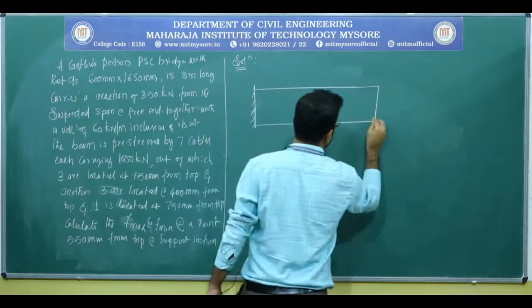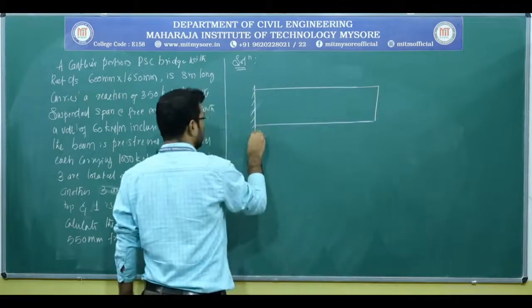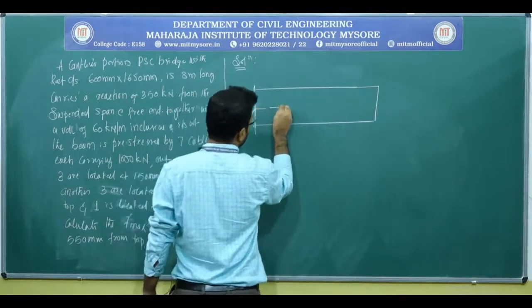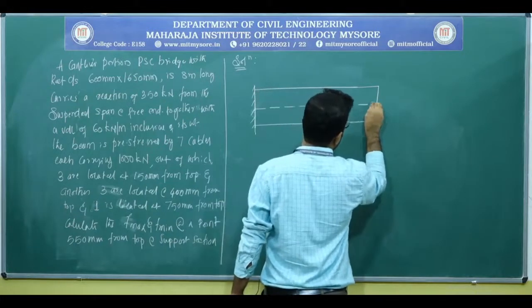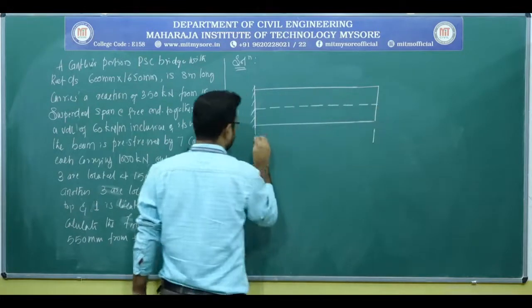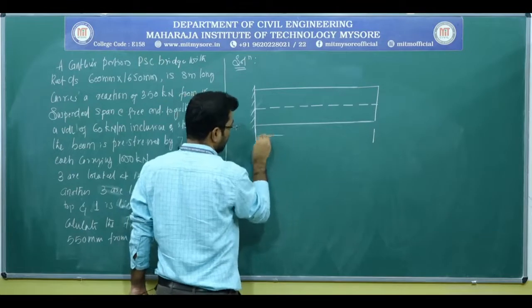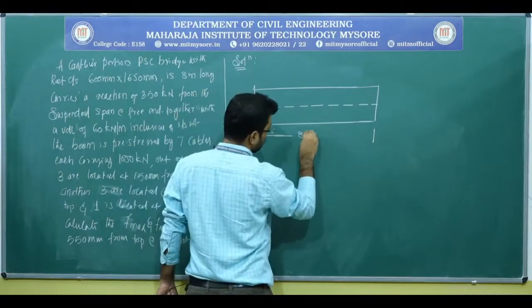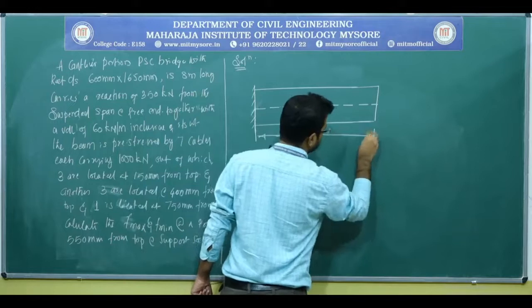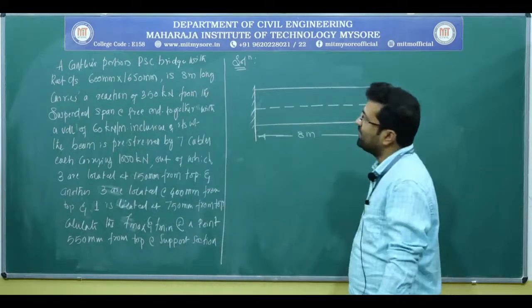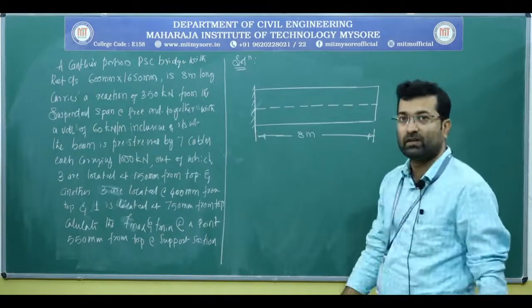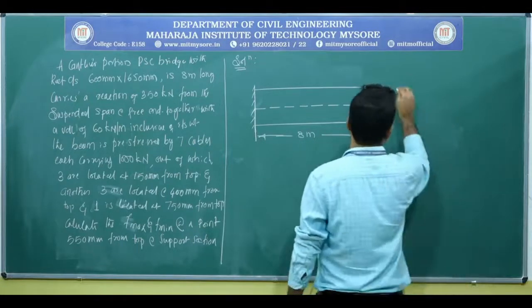This is a cantilever PSC beam, and this is the neutral axis. The span is 8 meter. The cross section of the beam is 600 millimeter into 1650 millimeter.